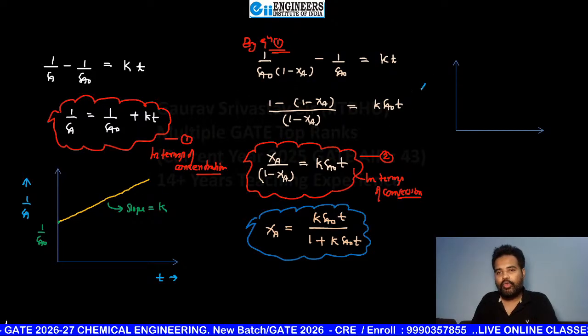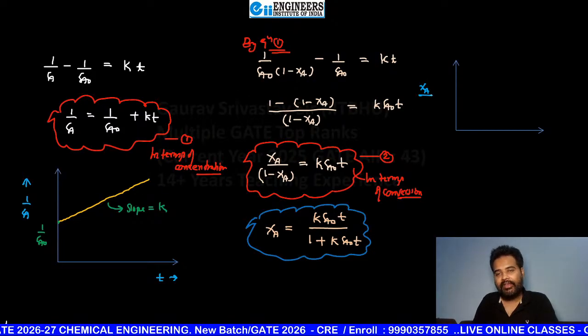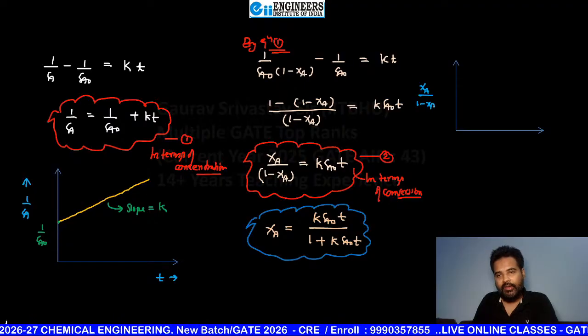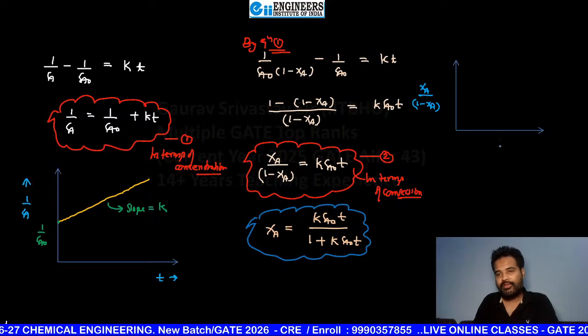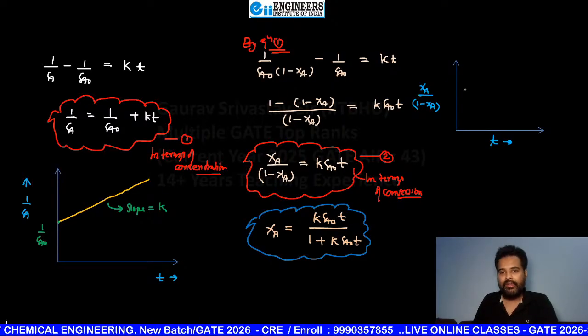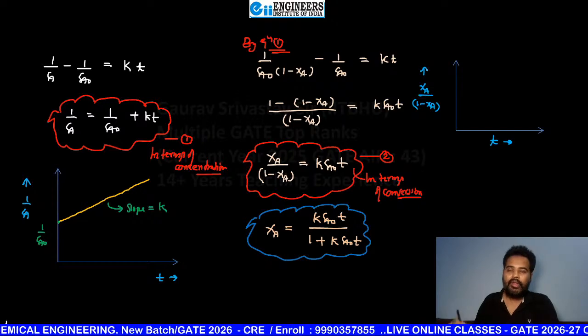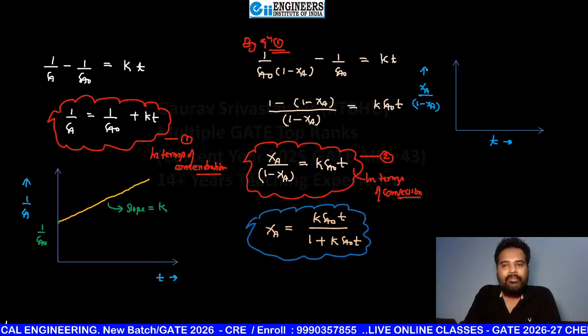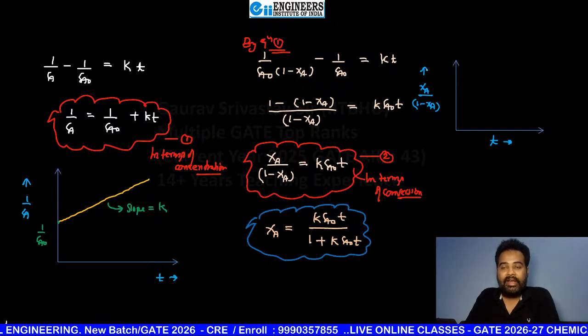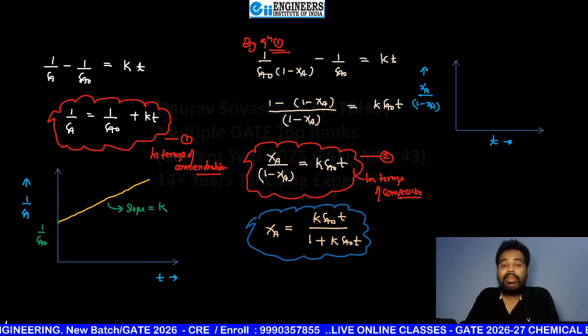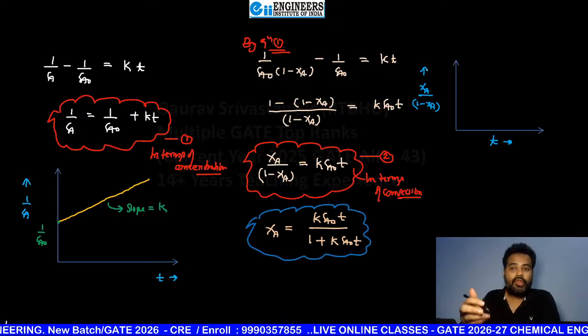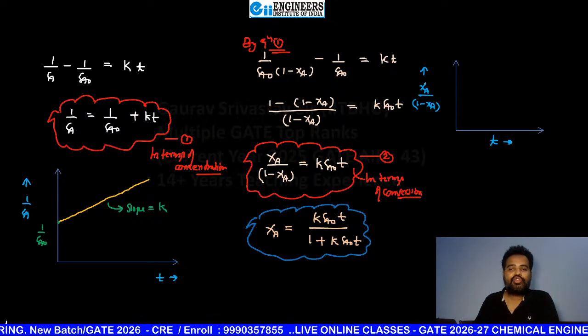Here the graph that I am going to plot is xa upon 1 minus xa versus time t. Now, when time t is 0, clearly the conversion is 0. So 0 upon 1 minus 0, 0 upon 1, that means 0.